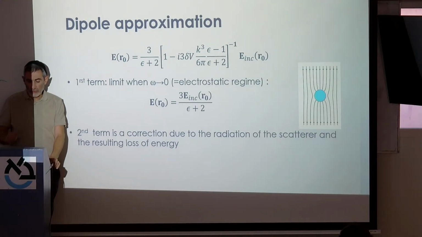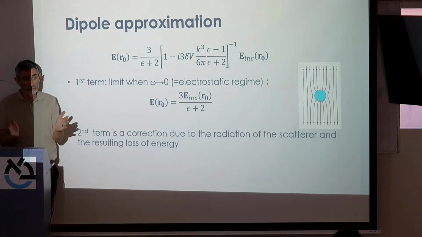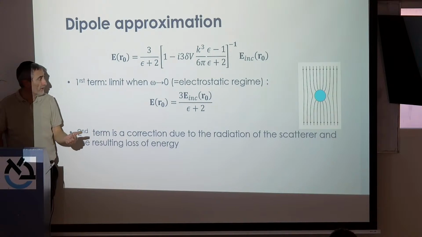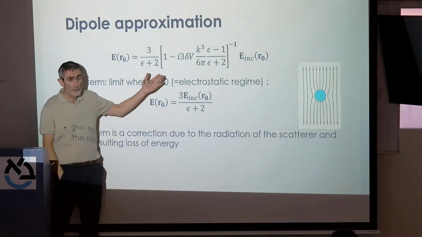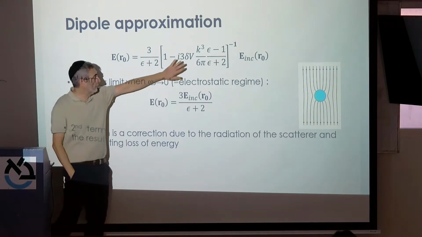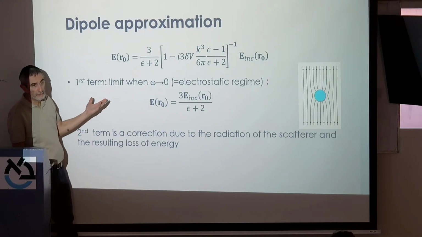Which takes into account that at optical frequency, the frequency of the incident wave, you cannot neglect the fact that the dipole radiates. So that's the radiative term that you have to add. It's kind of a loss term.